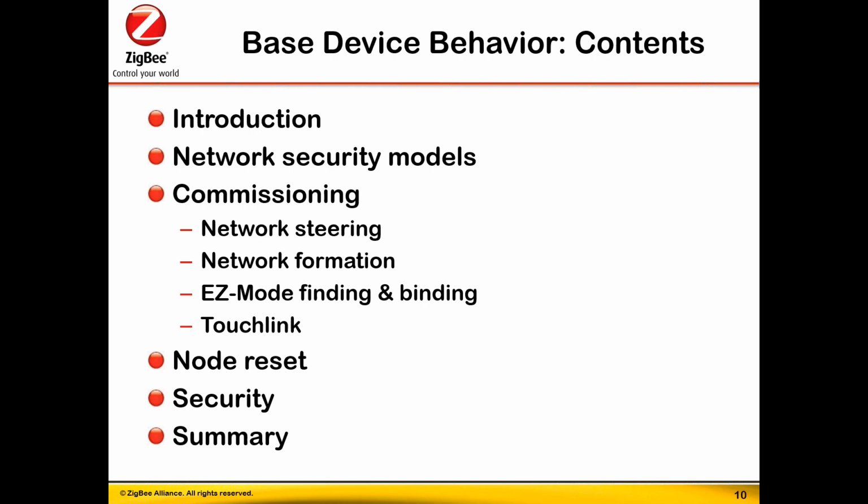In my talk today, I'm going to go through the network security models, the various commissioning mechanisms that we have, and go through each of those in a little more detail. I'm going to touch on resetting the node and also security in centralized networks, and then I'll draw together some conclusions.